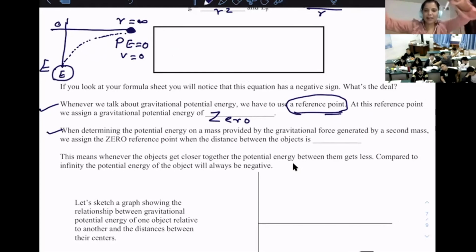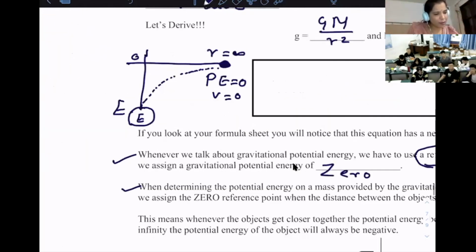Here is the Earth. If you see this graph, you are starting from this point. So where is the other satellite? Infinity. Yes, the distance is infinite.